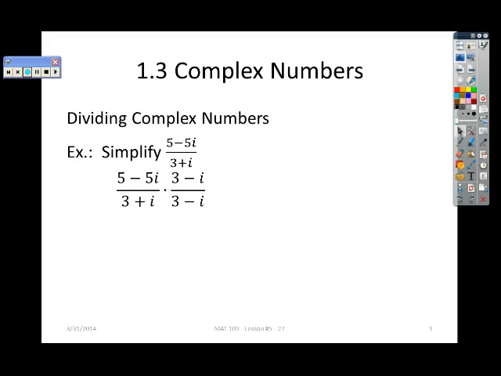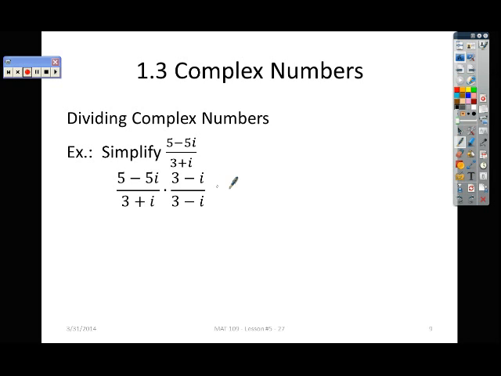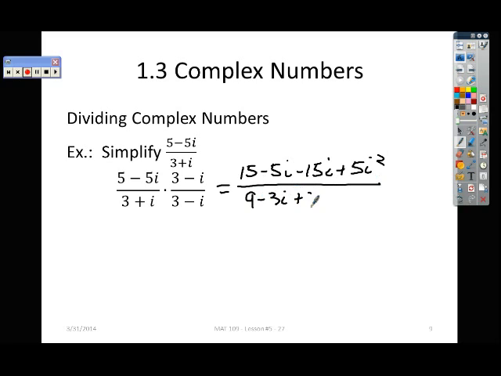If we do this multiplication, we're going to do a FOIL up in the numerator, and we're going to do a FOIL in the denominator. If I make a mistake, somebody correct me before I get too far. Did I do my foiling properly?